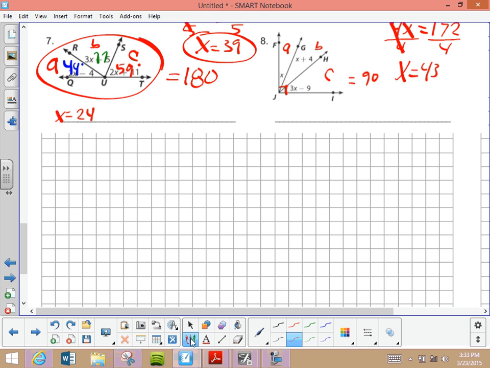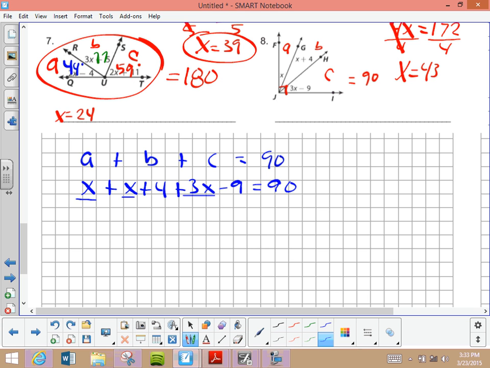I think it's 19. I'm not so sure. So A plus B plus C equals 90. If we had more angles, then we have like D and so on and so forth, but we don't. So it'll be x plus 4 plus 3x minus 9 equals 90.